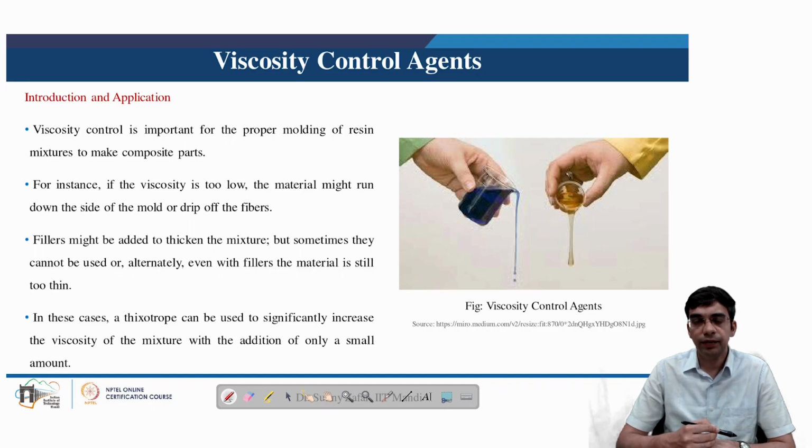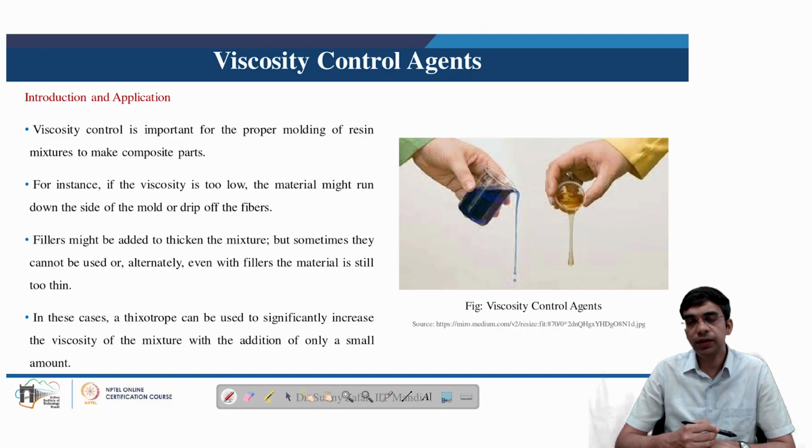The next additive in the polymer matrix is the viscosity control agent. As we have just seen in the wet out capability, viscosity control is an important property in the molding of the resin or thermoplastics, because it is essential that viscosity be controlled appropriately for proper wet out of the fiber, so that the composite produced has a continuous interface between the matrix and the fiber.